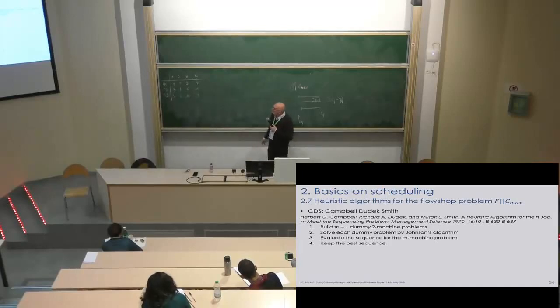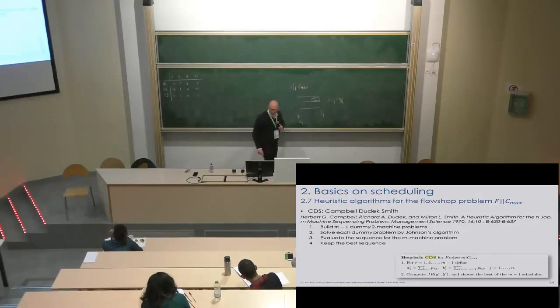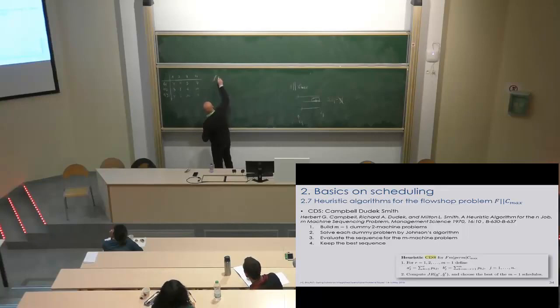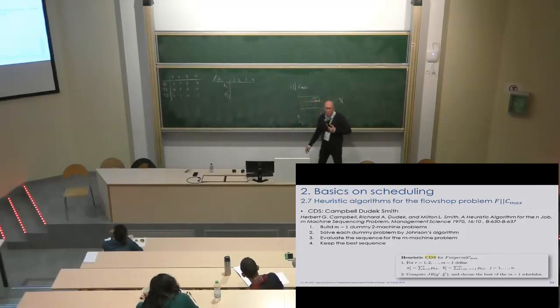So build m-1 dummy two-machine problems, then solve each dummy problem by Johnson's algorithm, evaluate the sequence for the m-machine problem, and keep the best sequence. So what is the first dummy problem? I consider 4 jobs with a pseudo processing time on machine 1 and a pseudo processing time on machine 2.